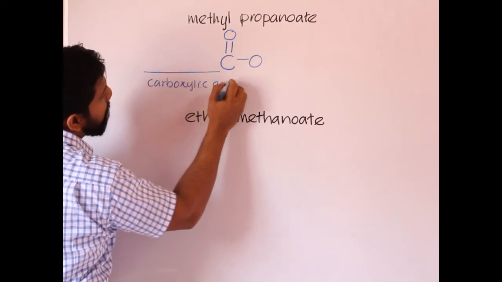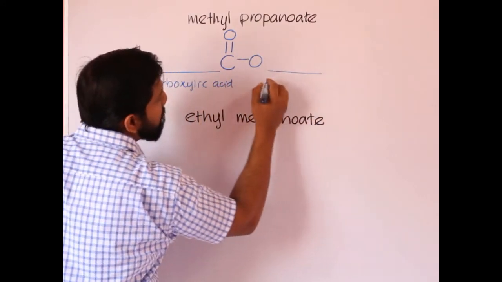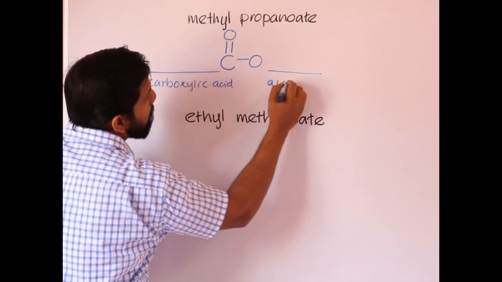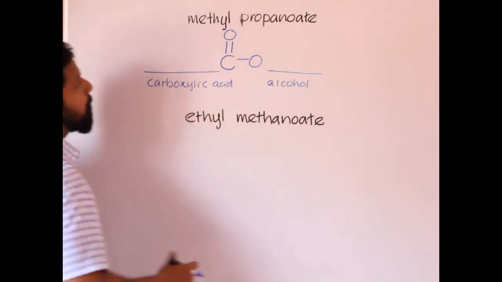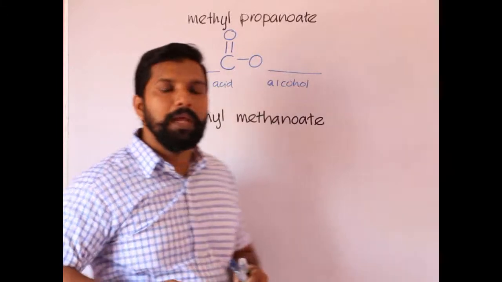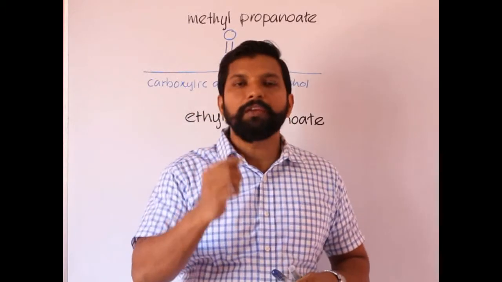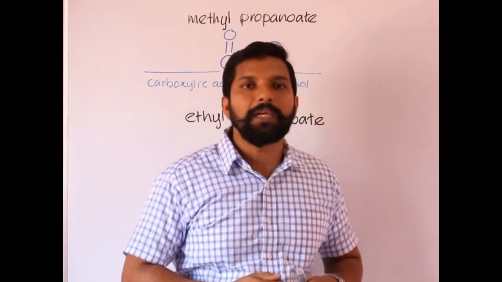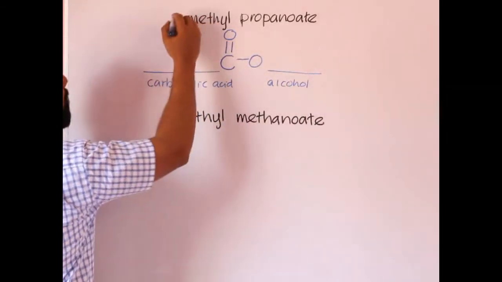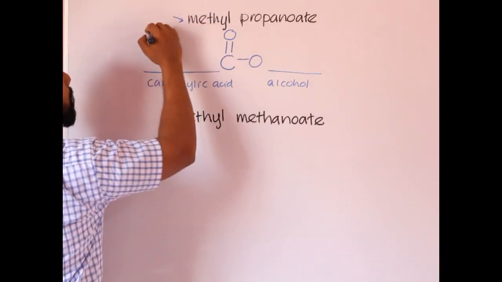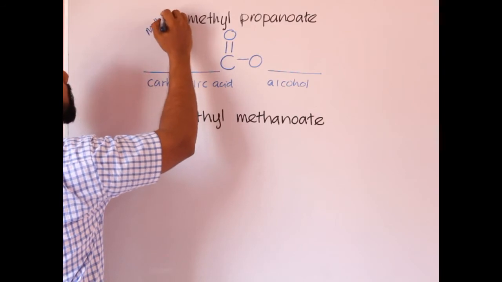The other side is going to be from the alcohol. Since you remember how the name is written, you can quickly figure out the alcohol and the carboxylic acid. Methyl means it should be methanol.